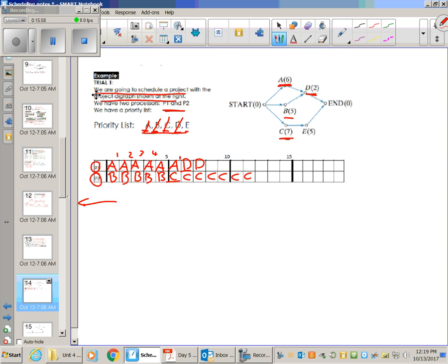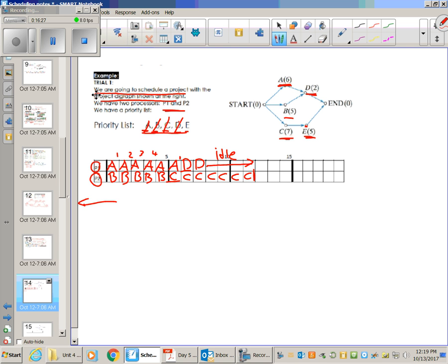Finally, the last task is E. E has a precedence of C, which means we cannot do anything to the left of C on this chart because C hasn't been completed yet. So it can't go right here. So this entire time right here, we say that this processor is idle.